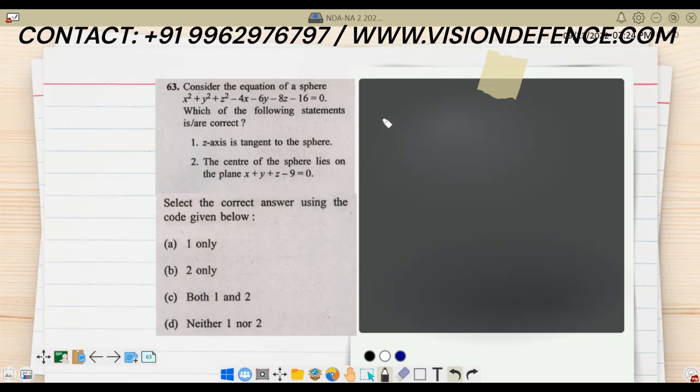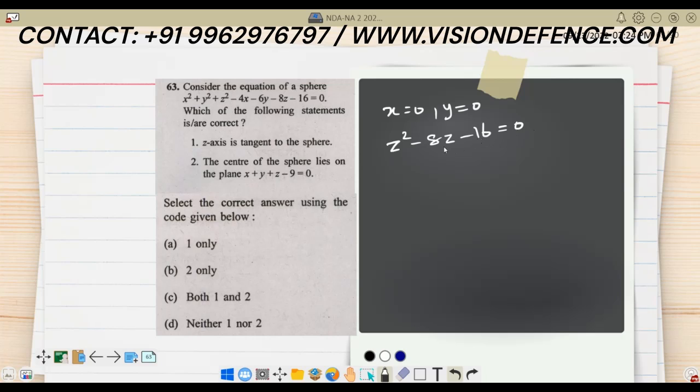So now let's check if they have only one common point. What is the equation of the z-axis? Of course, it would be x equal to 0 and y equal to 0. So if we put x equal to 0 and y equal to 0, we are left with z square minus 8z minus 16 equal to 0.